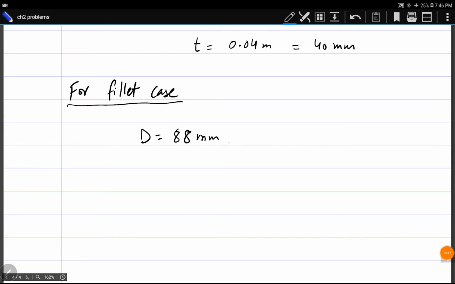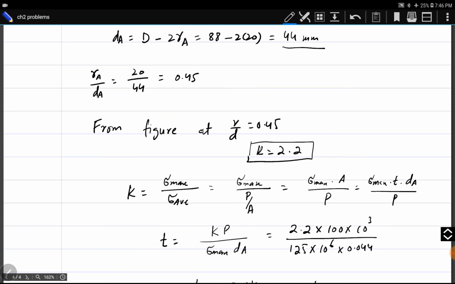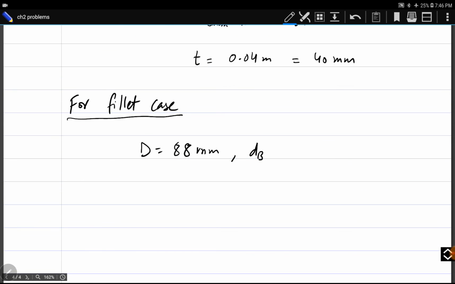Small d is dB. We have already called dA for the previous case, so now I will call it dB. It is 64 mm. Small radius rB. rA was the previous radius in the previous case. rB is 15 mm.